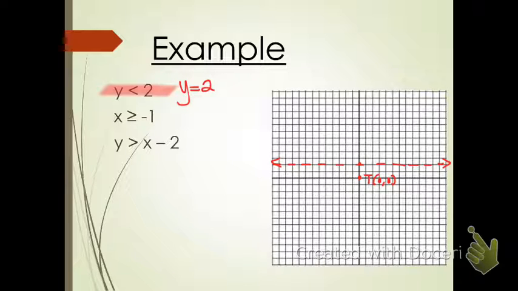So if I put in a 0 for any x's or y's in the first inequality, there's only y's, but I would get 0 is less than 2, which is a true statement, which means I shade on the same side of the boundary line as my test point. So all of these points are solutions to the first inequality.